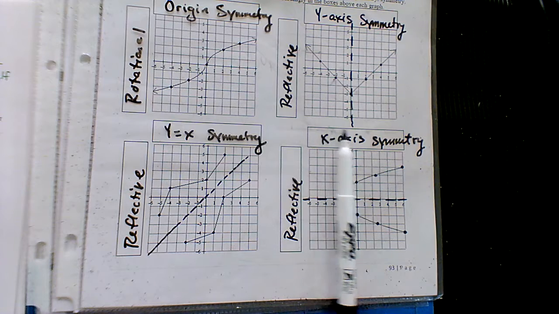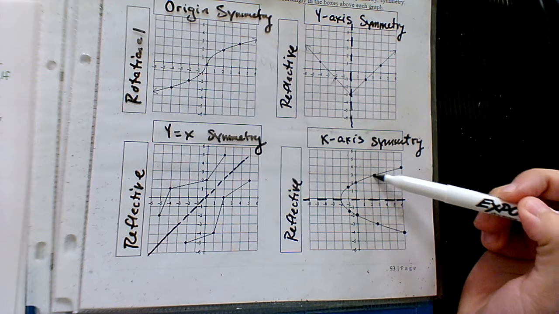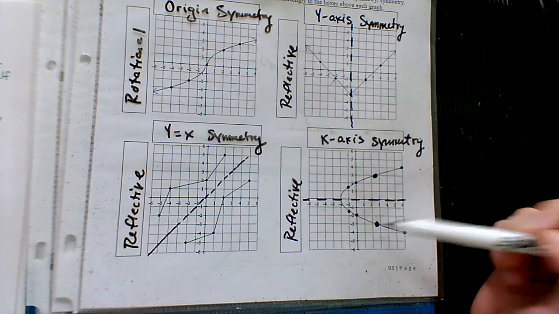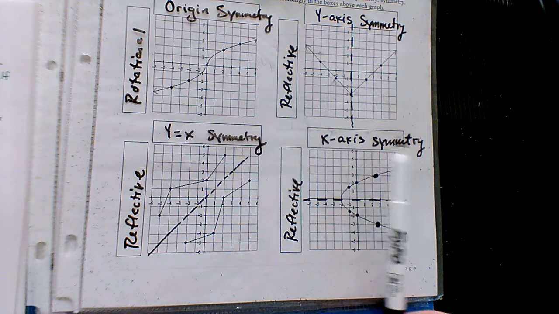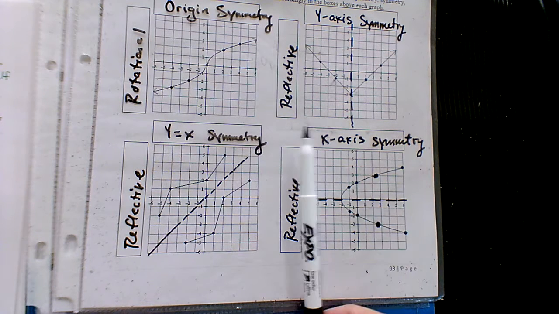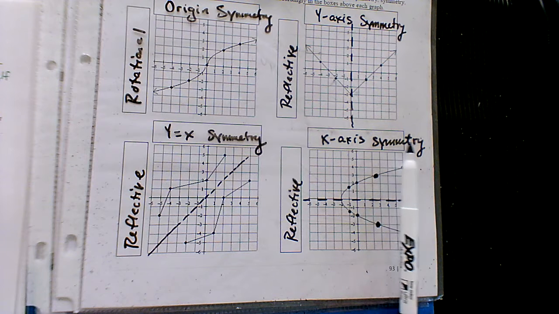Would your graph pass the vertical line test? No, because if you have x-axis symmetry, you have a point up top as well as below that x-axis. So if it doesn't pass the vertical line test, what can we then conclude about any x-axis symmetry graph?